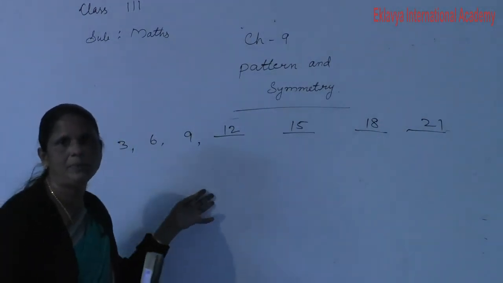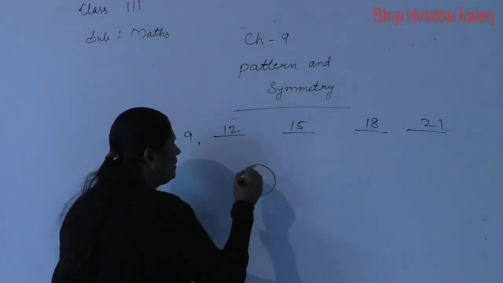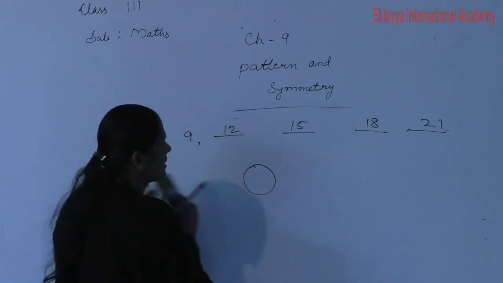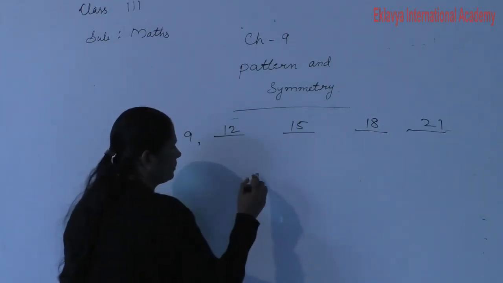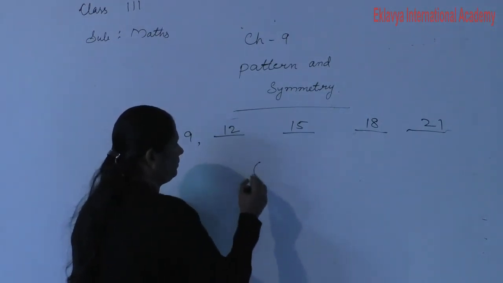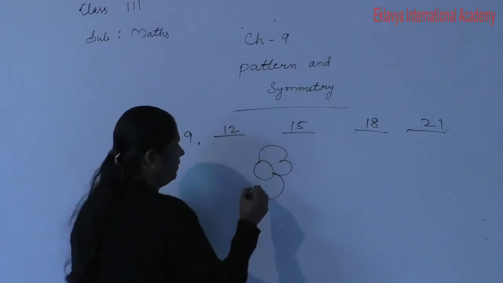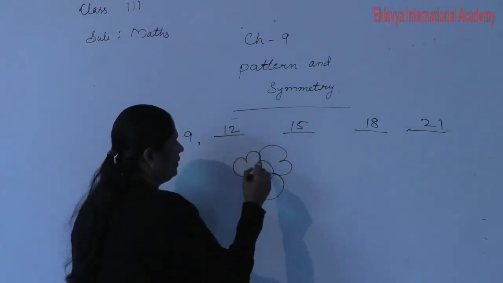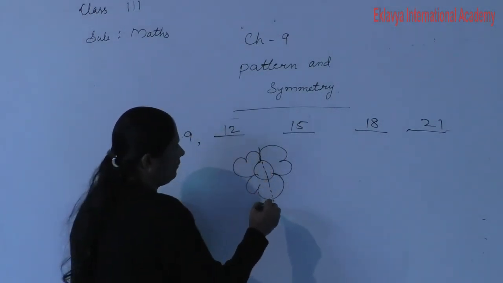Any shape you draw. This is the circle, the flowers we also draw. This is the flower. We cut this in half, the half of the flower.